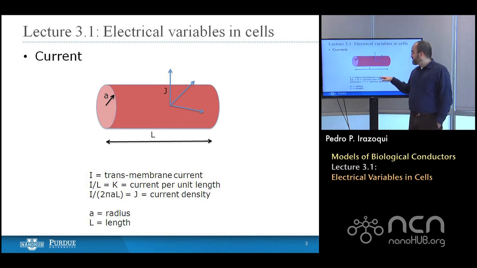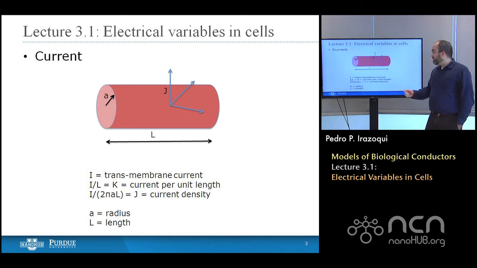So I is the transmembrane current. I divided by L, the length, gives you K, and K is the variable name that we will use for current per unit length. And I divided by the area, which is 2 pi times the inner diameter times the length, will give you J, which is the current density.